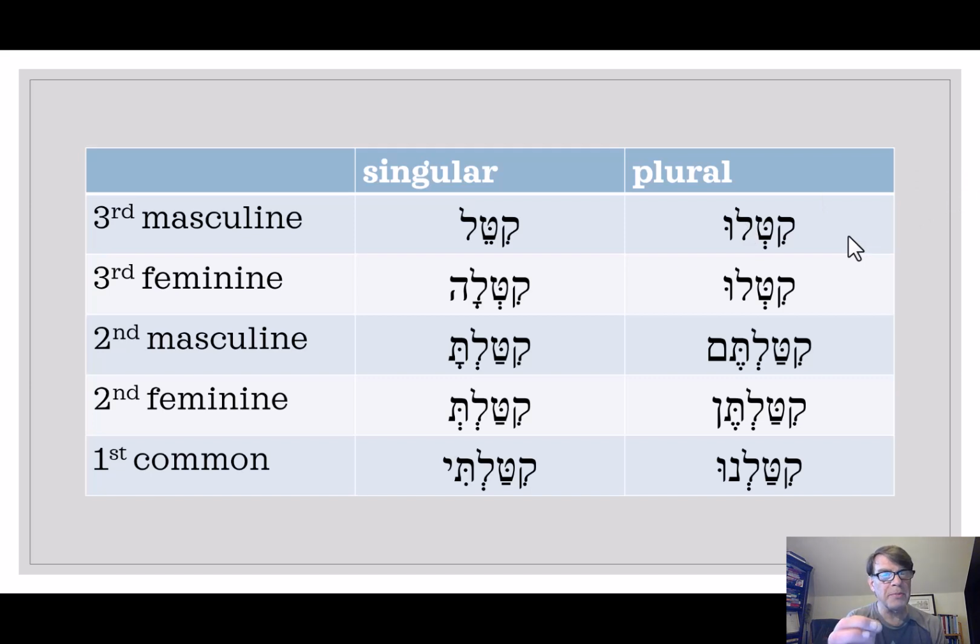So just look up the meaning of a verb in the D stem and you'll be okay. Kataltem, katalten, katalnu. Okay, so there you have it. That is the form of the PL perfect stem. Now, next video, the PL in the imperfect tense. That is, perfect, imperfect is the tense, PL is the stem.